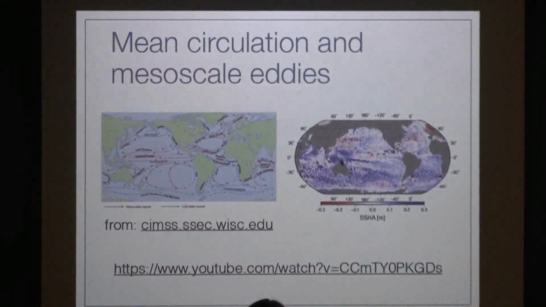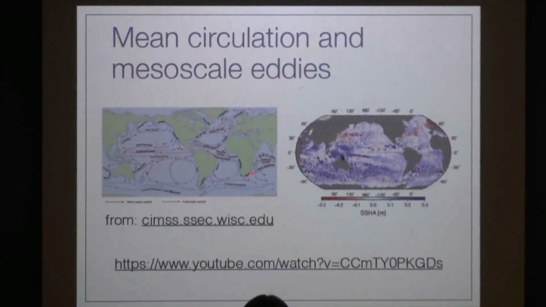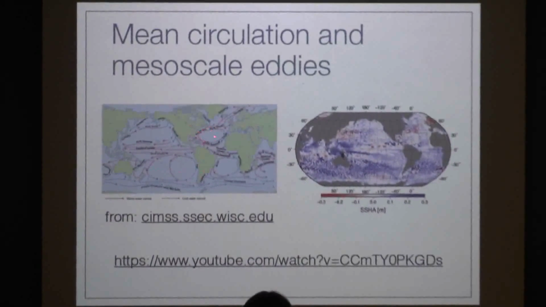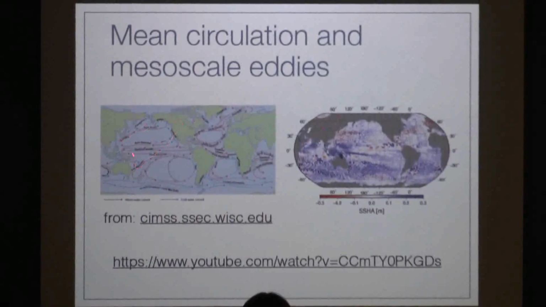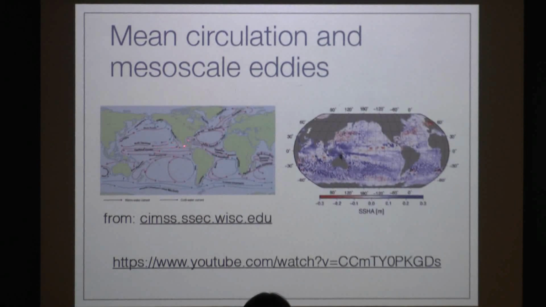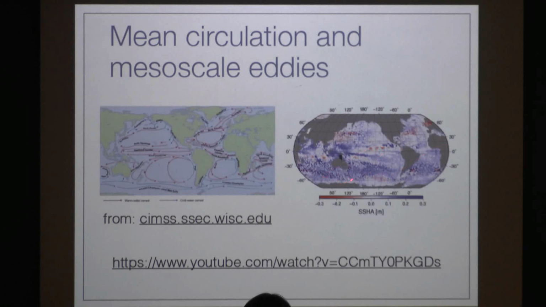In the introductory textbook, you can always find plots like this, showing the global mean circulation. You see these arrows, which mean the ocean water moves like rivers inside the ocean. But if you really go to the data, like a snapshot here, this shows a snapshot of the sea surface height anomaly.